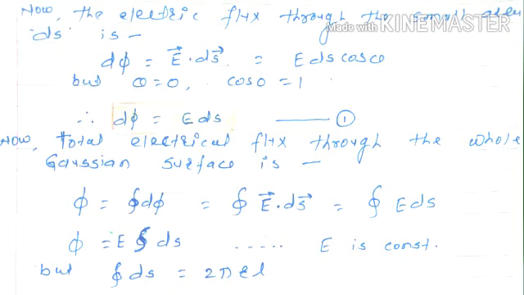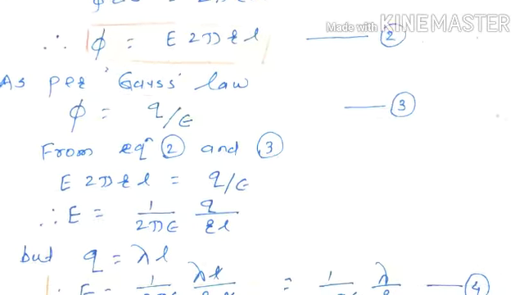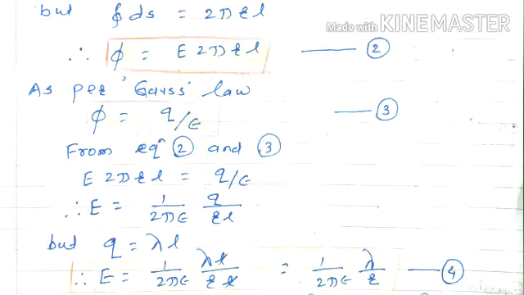Here the integration over the closed surface represents the area of the Gaussian cylinder, and its value is 2 pi r L. Substituting this, we get phi equals E 2 pi r L. Suppose this is equation number 2.